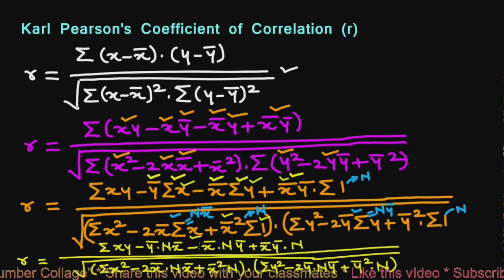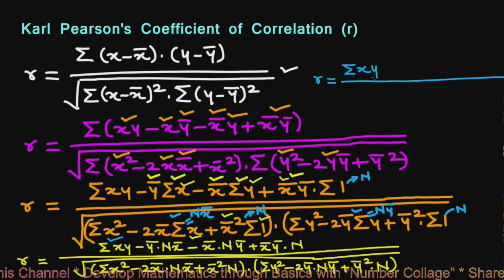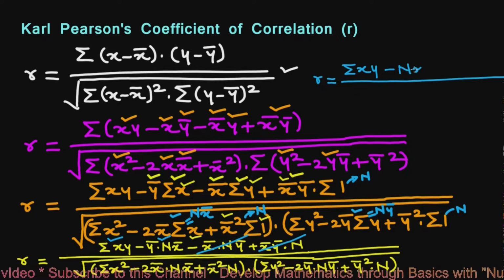Now that will finally be r equals, in the numerator, summation xy minus n x bar y bar, which cancels with this plus n x bar y bar, and there will be minus this n x bar y bar.